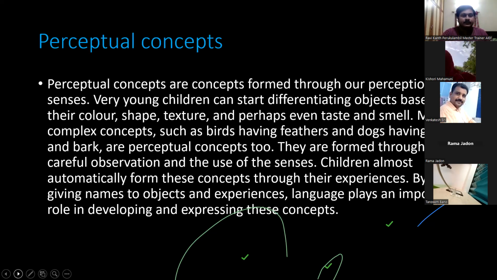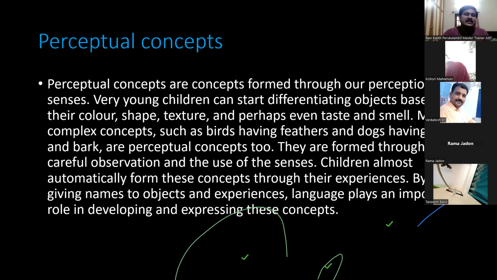Moving further, the first type of concept is the perceptual concept. Let us see what perceptual concepts are. These are the concepts formed through our perception or senses. Senses means seeing, smelling, tasting, touching, and hearing.